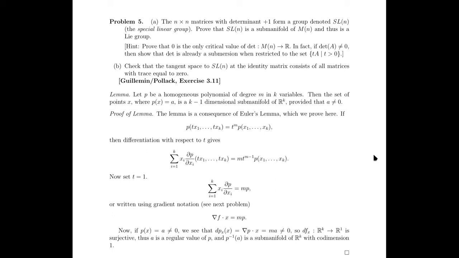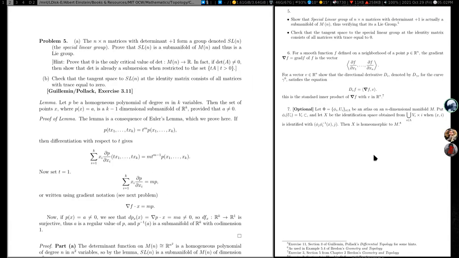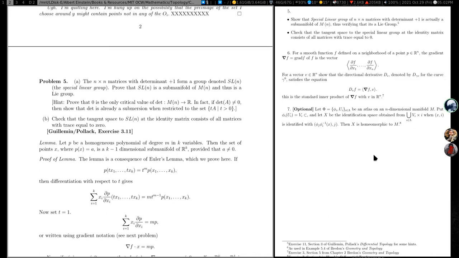If you go back to how we did the orthogonal group proof in Pollack, he gave a very nice example of how it is a Lie group. I'm pretty sure everyone else has seen the special linear group as a Lie group before, but I'd like to know if anyone else has a different approach to this.